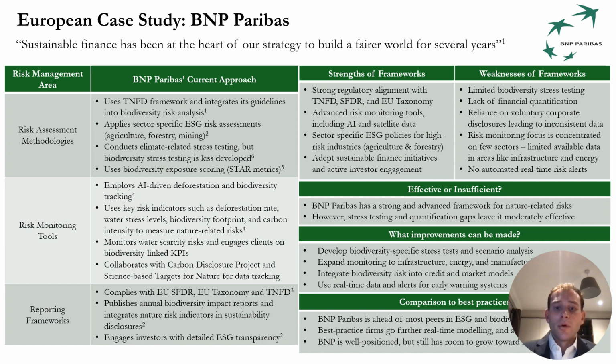Additionally, monitoring remains concentrated in a few sectors, leaving potential blind spots, particularly in areas such as infrastructure and energy. Overall, BNP Paribas is ahead of most banks in this space, but still has work to do to reach best practice standards, especially around risk modelling, sectoral coverage, and real-time response tools.